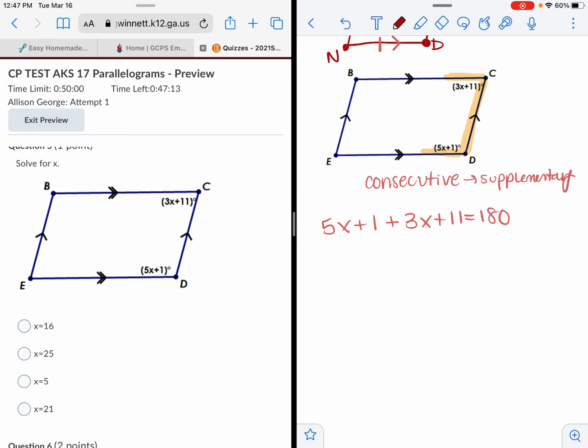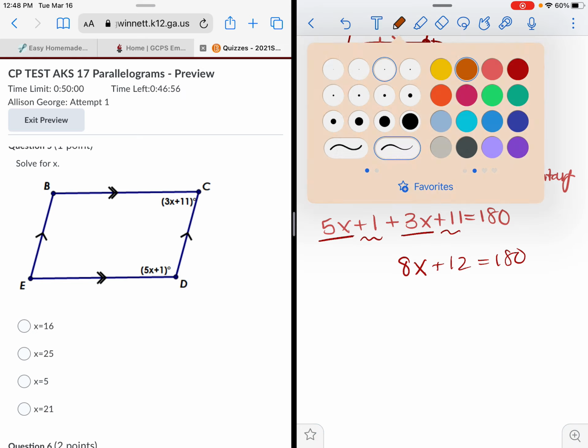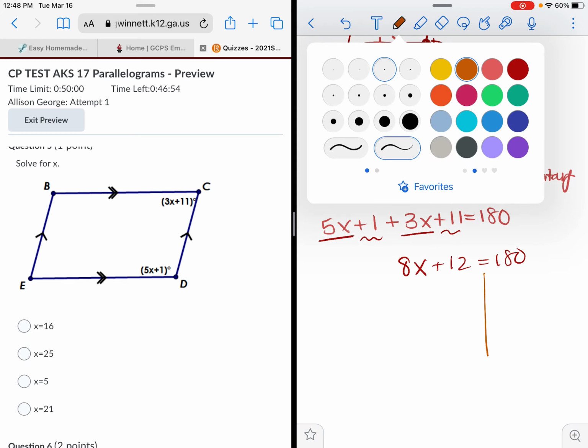All right, so now I'm going to simplify this. I want to start by combining like terms, so 5x plus 3x is 8x, and then 1 plus 11 is 12, equals 180. And now I'm going to start the solving process.